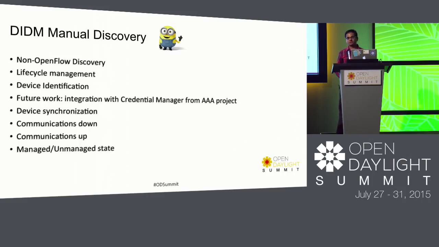Besides what Anandhi explained, there's a manual identification process, which is a bit different from the OpenFlow device identification that she explained. And there's future work to integrate a credential manager from the AAA team, so you have credentials to connect to the device.